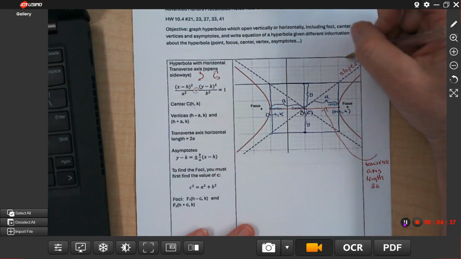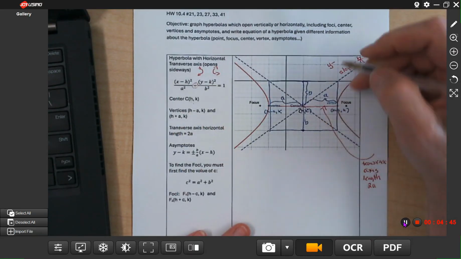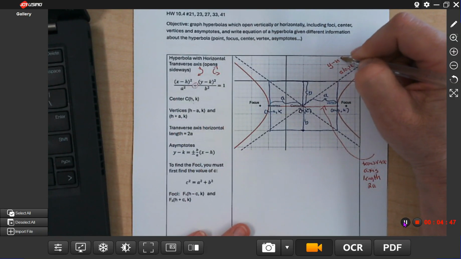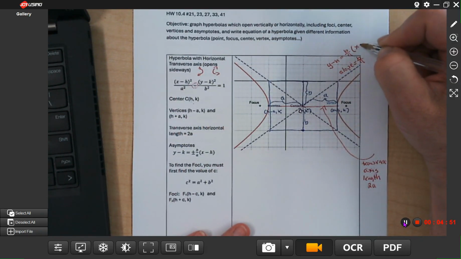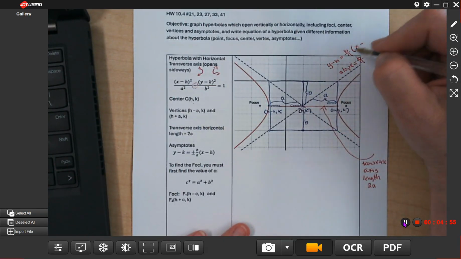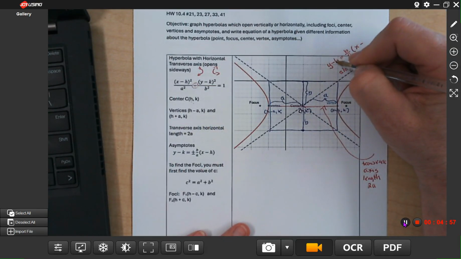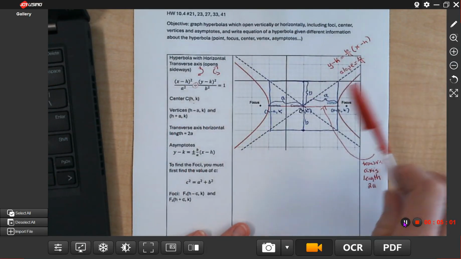So I'm going to easily be able to write an equation of this line now in point-slope form. So it would be y minus the y coordinate of the center equals the slope times x minus the x coordinate of the center. Sorry, this was a k. So there you have it.